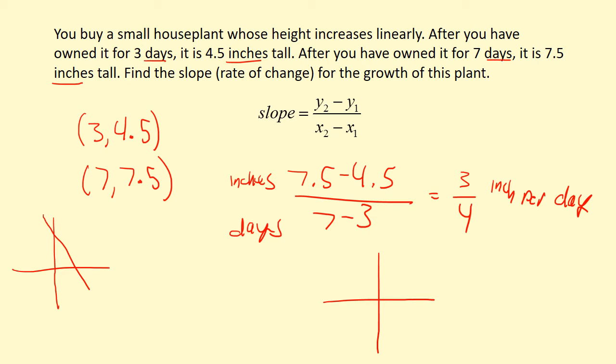So what that means is that the change in x is positive and the change in y also is positive. They're both positive. So as x gets bigger, y gets bigger. So this is going to look something like that. An uphill graph is going to have a positive slope, and a downhill graph is going to have a negative slope.